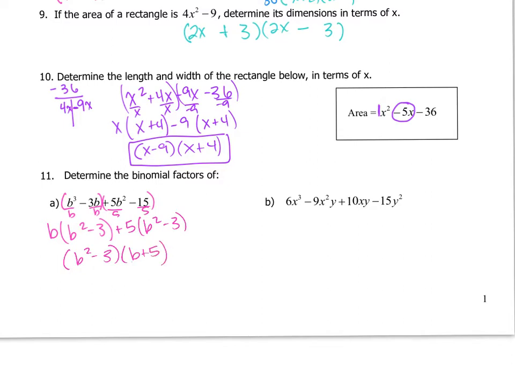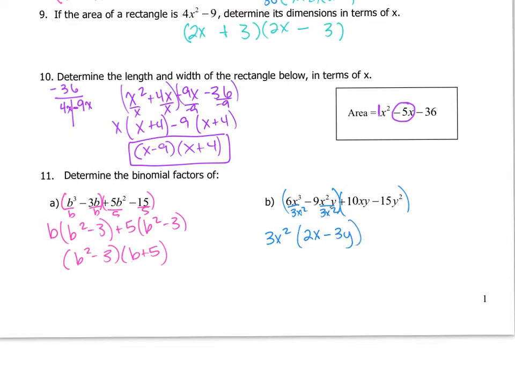And on the next one, I'm going to double check. I don't see a GCF, so I'm going to jump right in and group the first 2 and the last 2. So we can take a 3x squared is what I see in common in the first parentheses. So that leaves us with a 2x and then minus 3y.